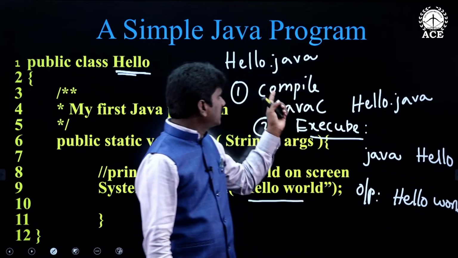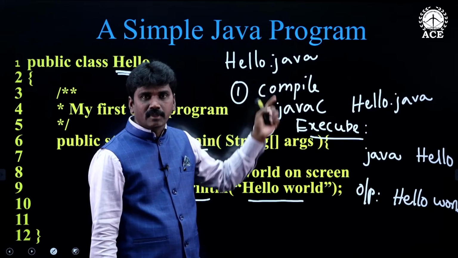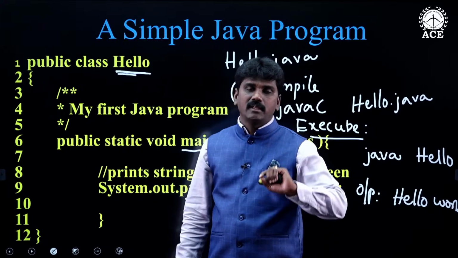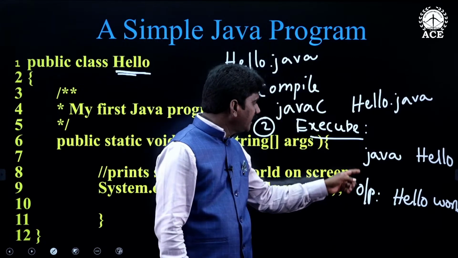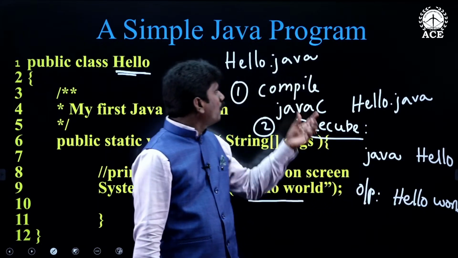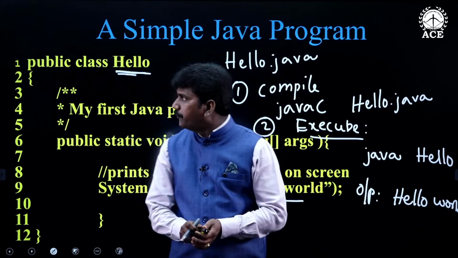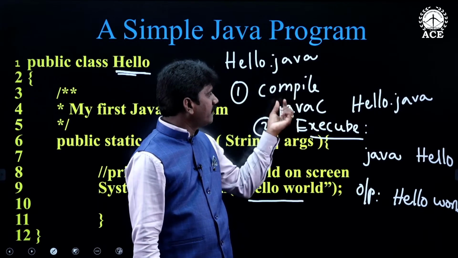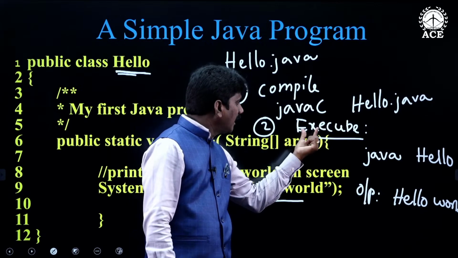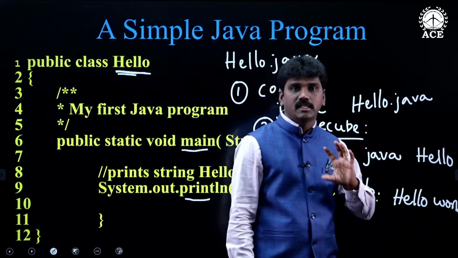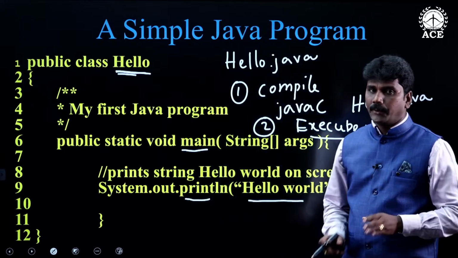Then first we have to save the program. Preferably it is the class name .java, because while executing the program we have to use the class name. That's why, while saving the program, using the class name is preferable: hello.java. We compiled and then executed it, and we got the output. So this is the simple Java program.